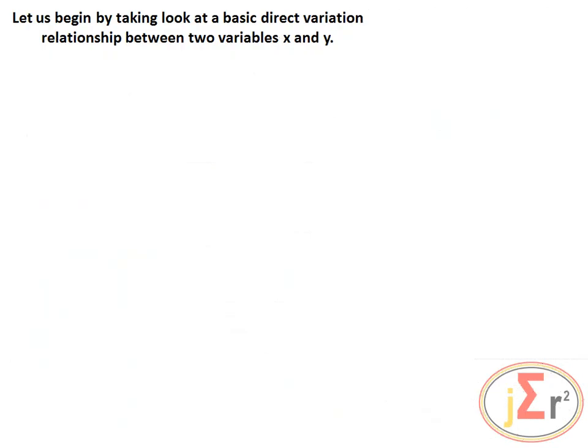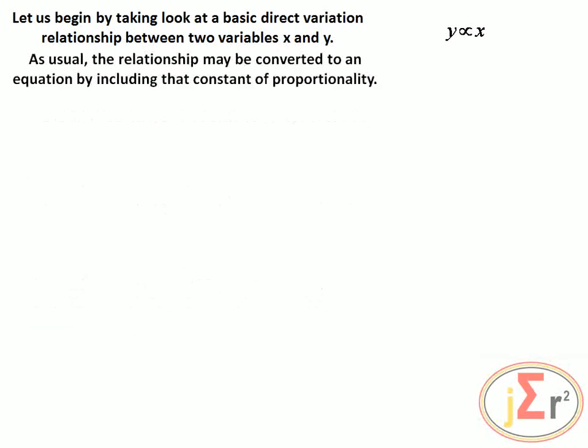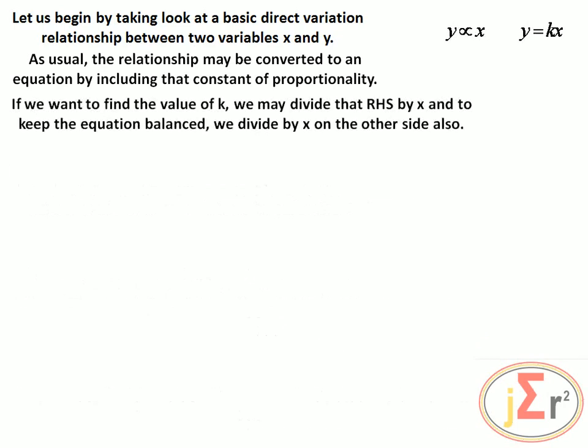Let us begin by taking a look at a basic direct variation relationship between two variables, x and y. Cannot forget that. As usual, the relationship may be converted to an equation by including that constant of proportionality, k. We have our equation.